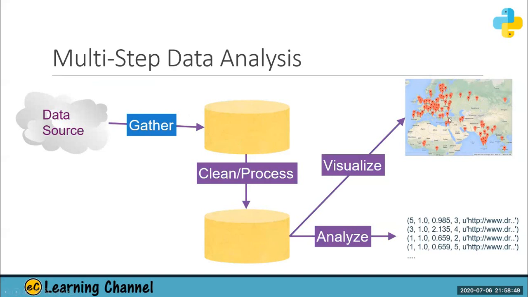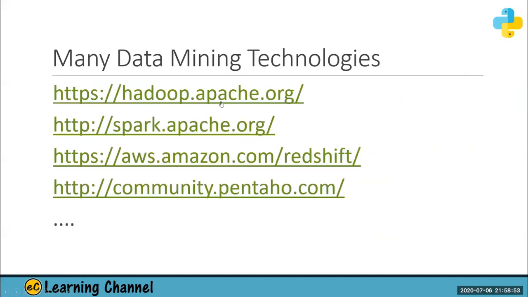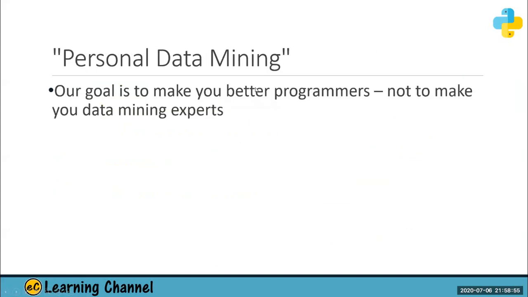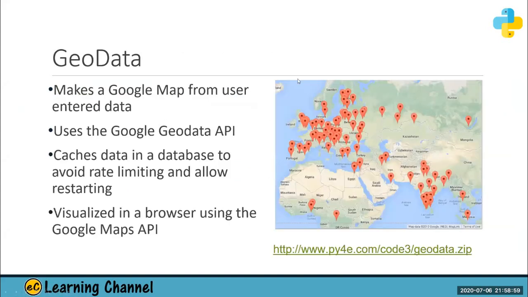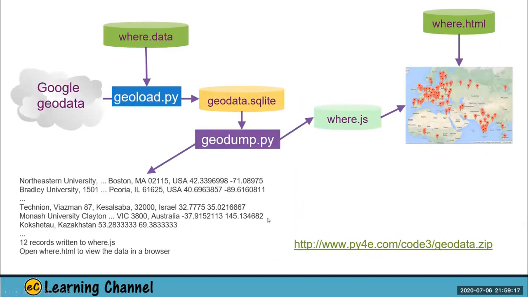Here are some data mining techniques and personal data mining. Data mining is trying to search through the internet to find useful data. Here we have geo data. We can make a Google map from user-entered data and use the Google geo data API to run it. We can do such a presentation.